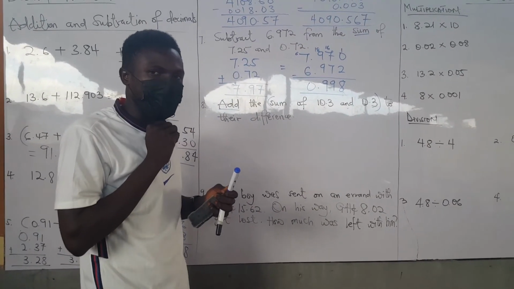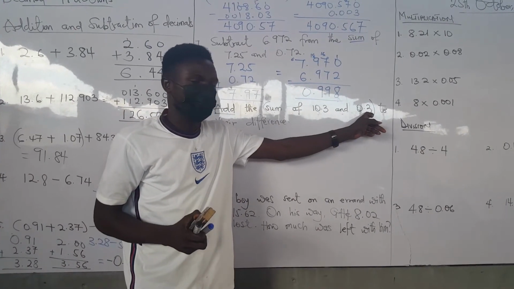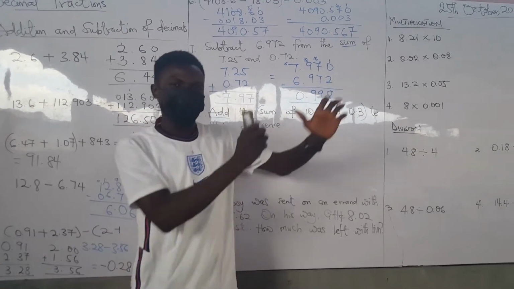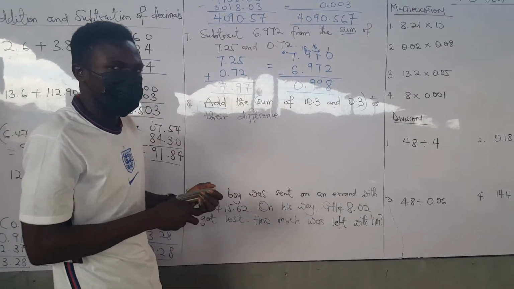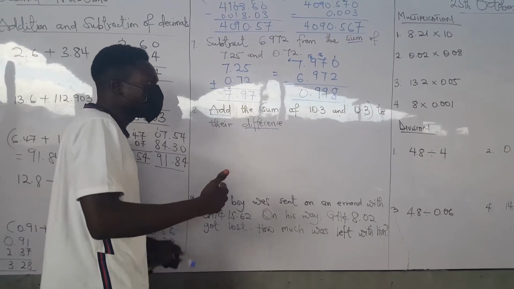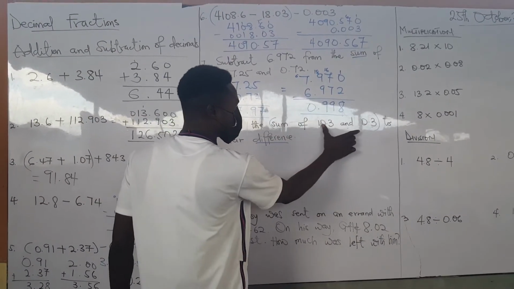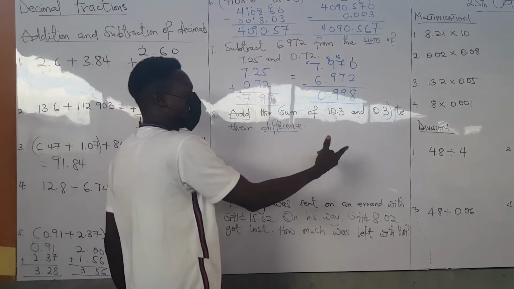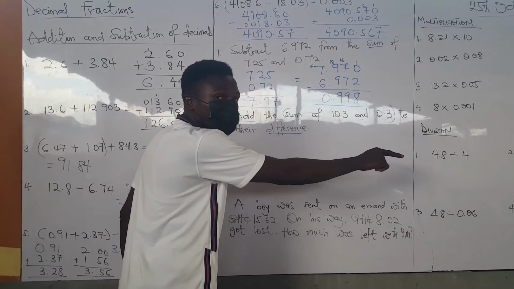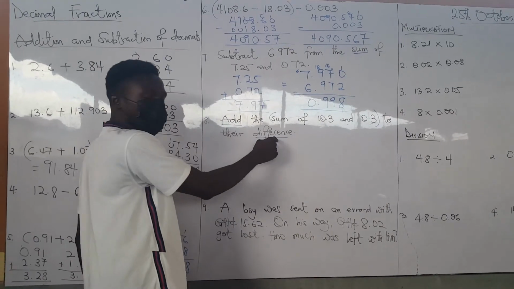So what is asking us to do is that find the sum of this and this and find the difference. So the question is, what is difference here? Difference simply represents subtraction. So after you finding the sum of this, find the difference again. When you find the difference, add the sum to the difference.